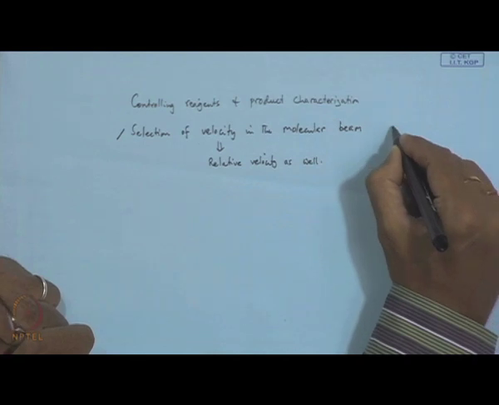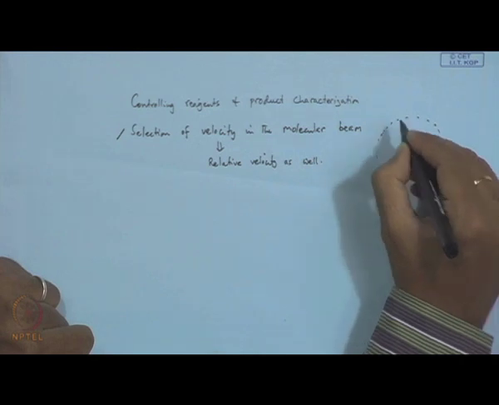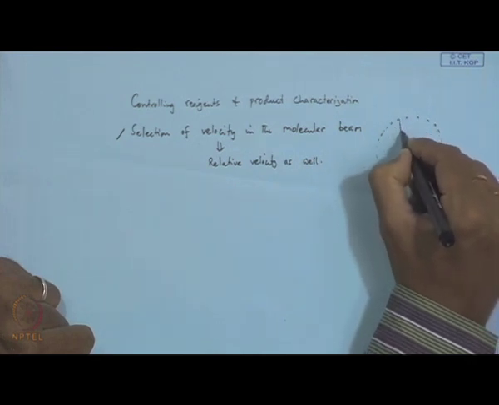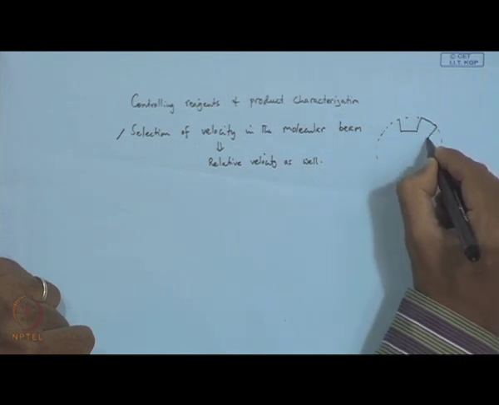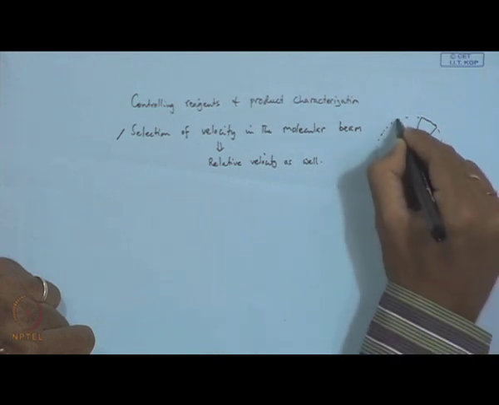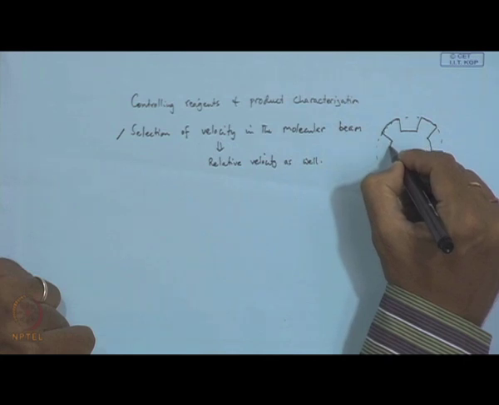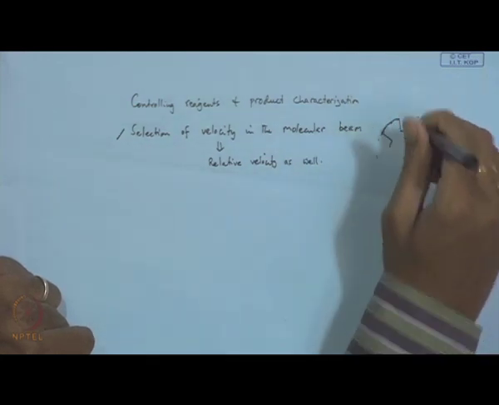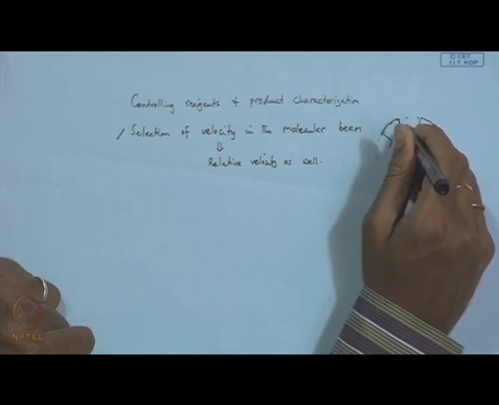It is moving this way, so it selects specific velocities, depending on speed. The chopper can be like this. I am showing just a part of that. When the molecular beam is perpendicularly falling on this portion, there is no block, it is open, so molecules can pass through.